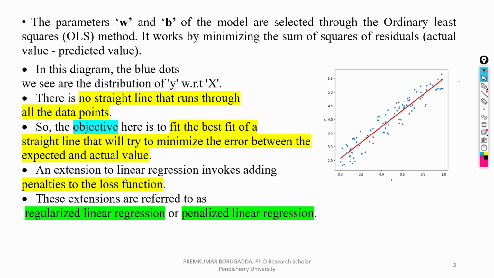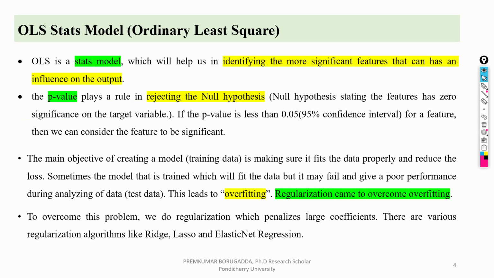So next, the OLS stats model. What is meant by the OLS stats model? OLS is the ordinary least squares method. It is a stats model. With the help of this model, we have to identify the more significant features, the ones that influence the target variable y.